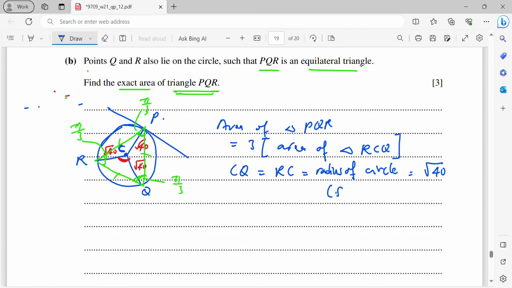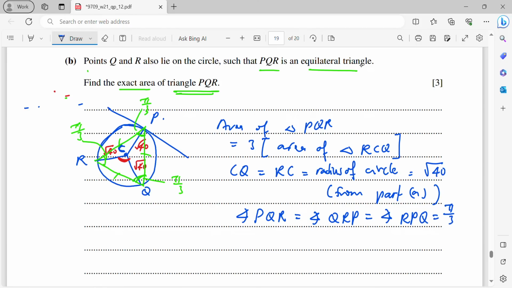This is from part A. Now angle PQR equals angle QRP equals angle RPQ equals pi over 3 because of the equilateral triangle.